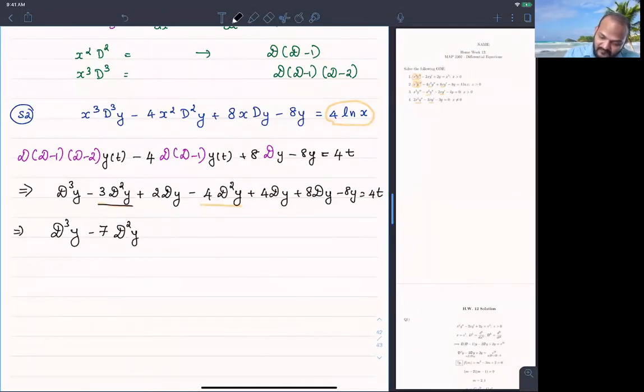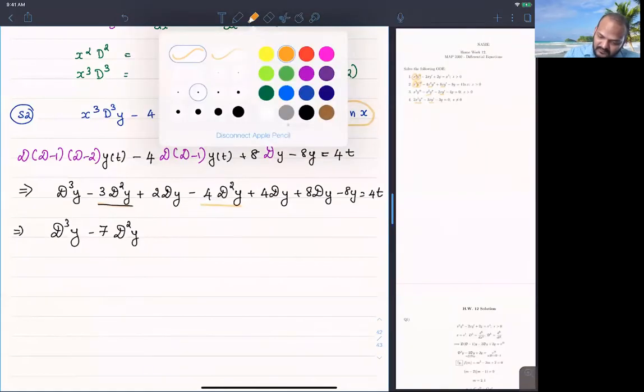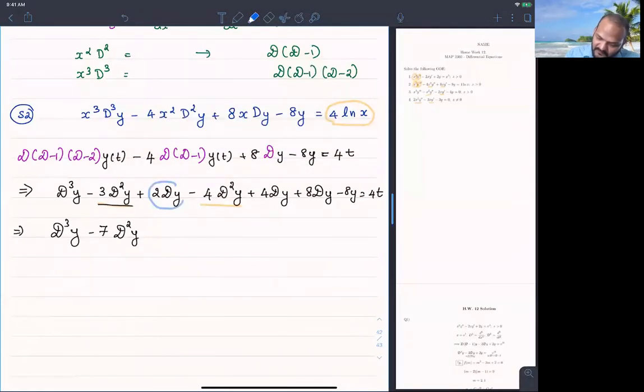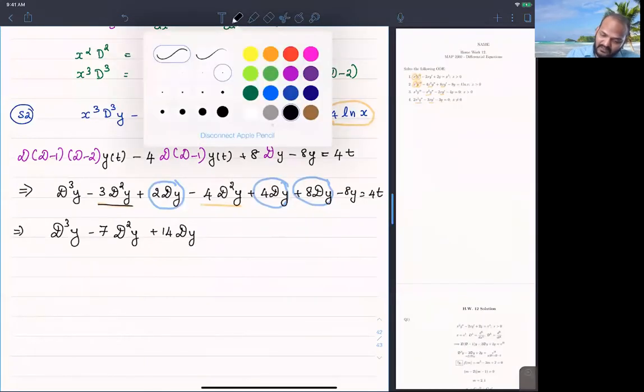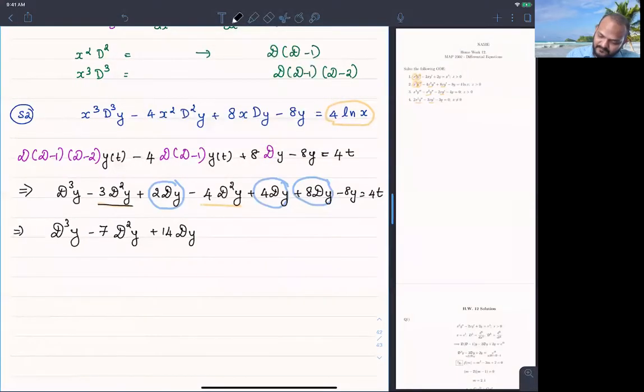Then I have 2dy, 4dy, and then 8dy, that's plus 14dy. Then I have minus 8y is equal to 4t.